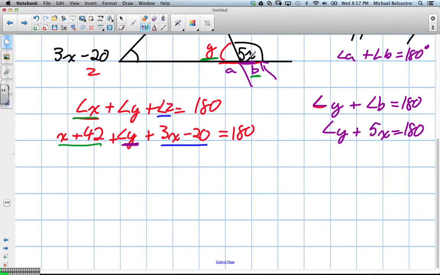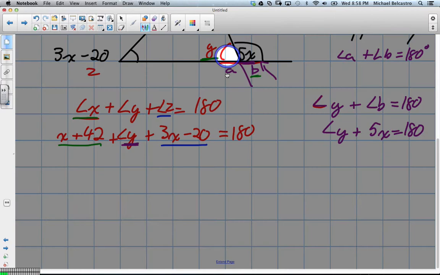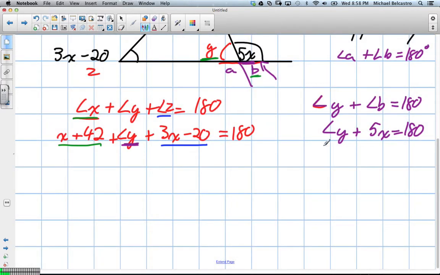What we're going to have to do in this question is relate this angle Y from this part to this part. So what I mean by that is let's set this equal to y. Remember we did a little bit of substitution before? So let's set this equal to angle y. Angle y is equal to, and I'm going to move 5x to the other side, 180 minus 5x.